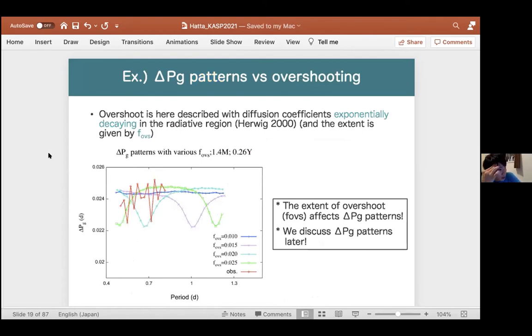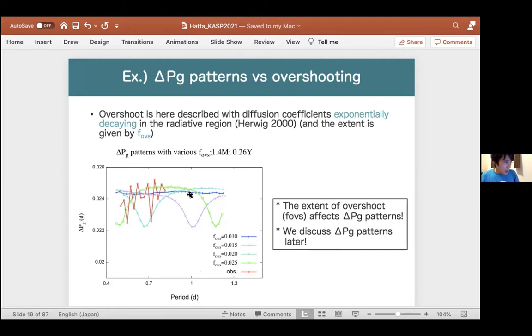Why do we focus on overshooting? Because it certainly affects the delta PG patterns. Here is a comparison of the observed delta PG pattern, with red curves, and other delta PG patterns computed based on stellar models with different strengths of overshooting. Here we adopt the formulation of Herwig 2000 to describe overshooting.